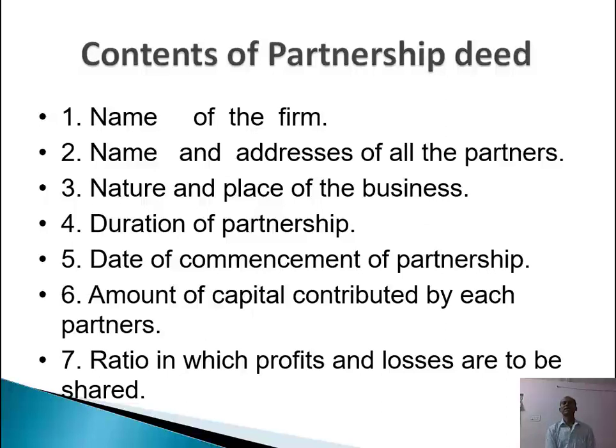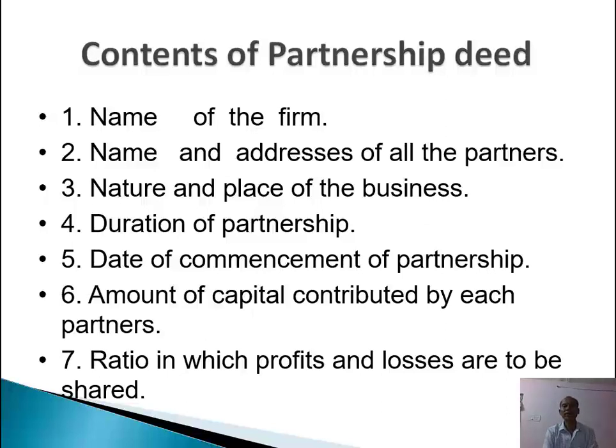XYZ Limited, XYZ Partnership Firm, ABC Partnership Firm, Ram, Rahim and John Partnership Firm, or any other name. So the name should be mentioned in the deed. The name on which you are going to start the business should be clearly mentioned in the partnership deed.